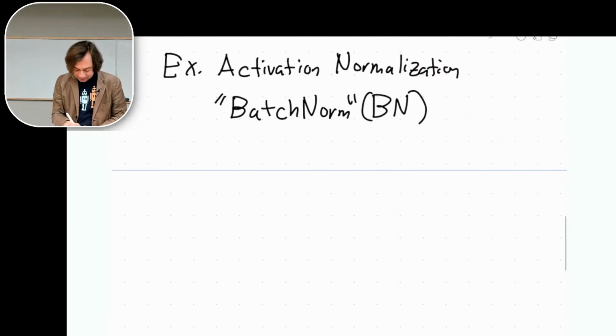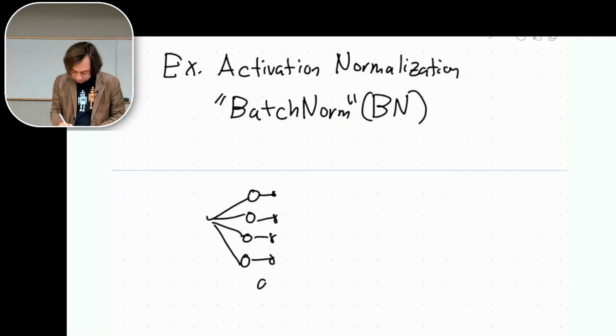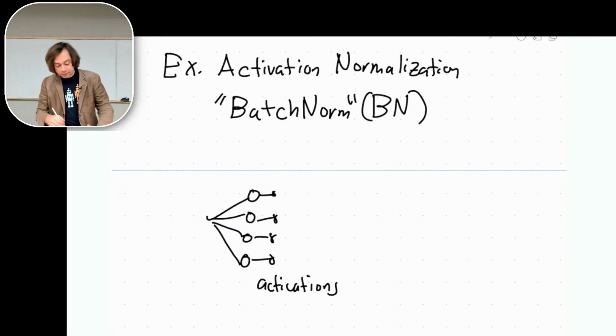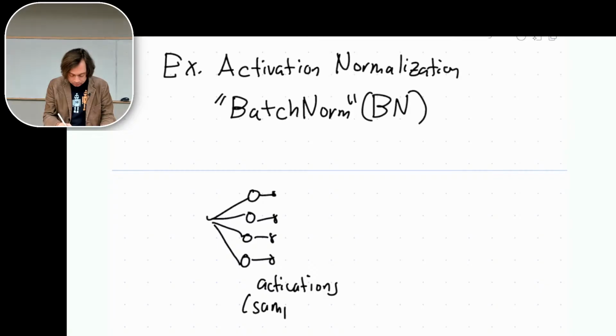So the idea is that you have some layer here where you have the activations of the neural network, and those activations you would sample from your batched data.